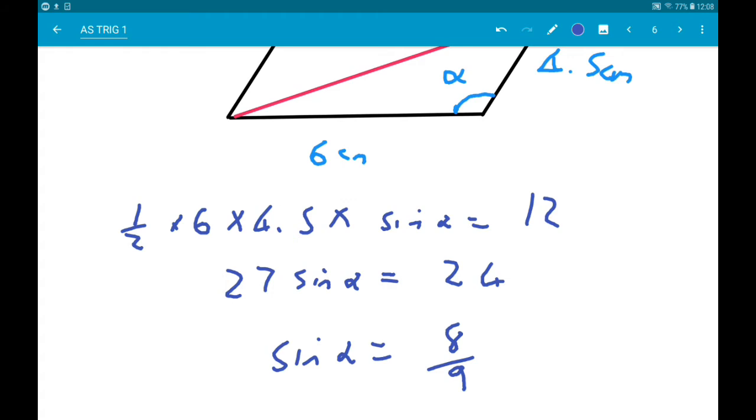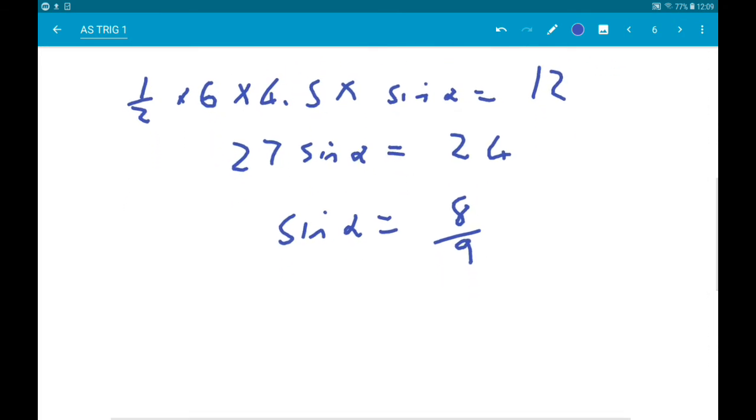Okay, so we know the exact value of sine alpha. How do we get tan alpha? Oh, now we think of SOHCAHTOA. So we know that sine of an angle is the opposite over the hypotenuse.